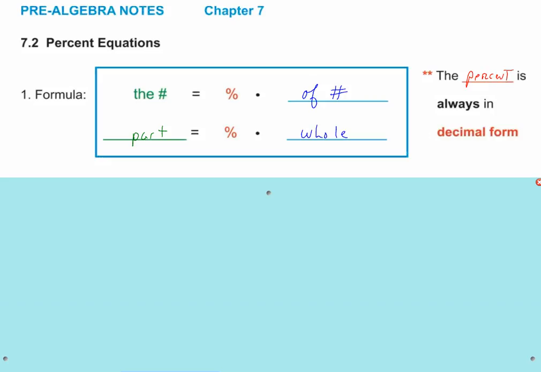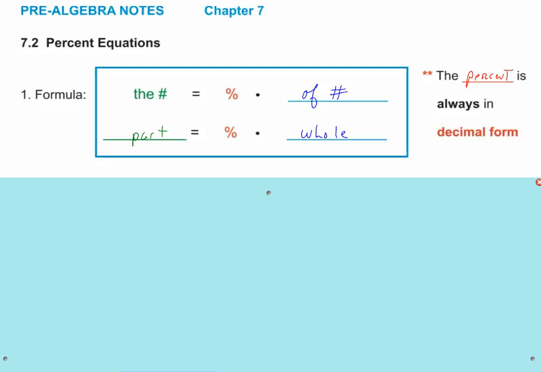Always. And so you have to be aware of that. If you're aware of that, you'll be in great shape. If you lose track of that, there'll be certain kinds of problems that you're going to miss because you're not keeping track of the fact that the percent is always in decimal form. There are a number of you out there that daydream through that key statement. Always decimal form.